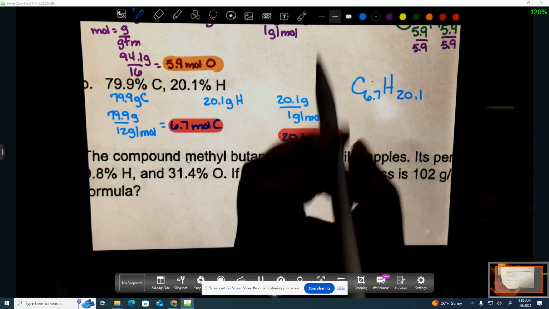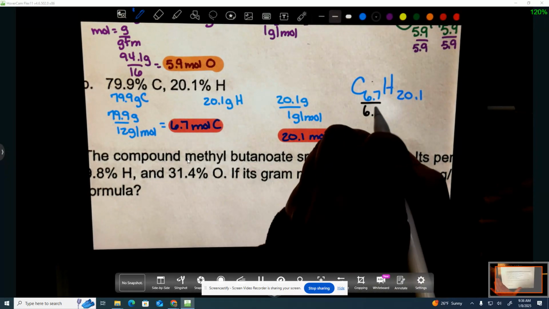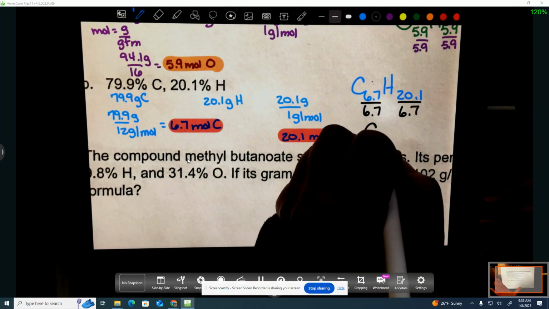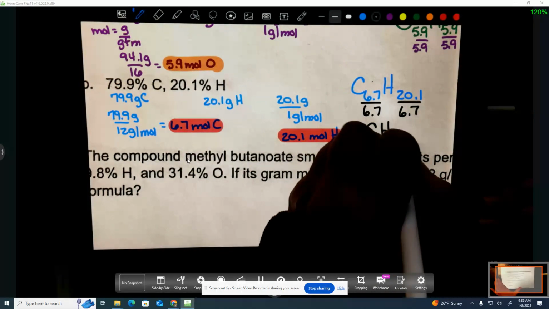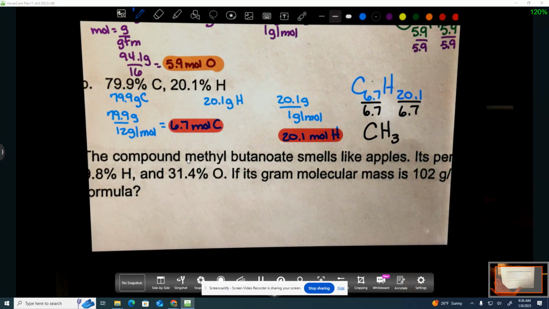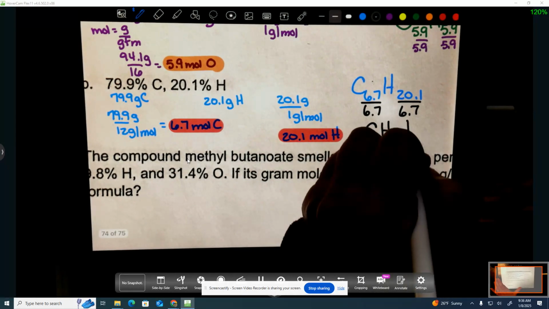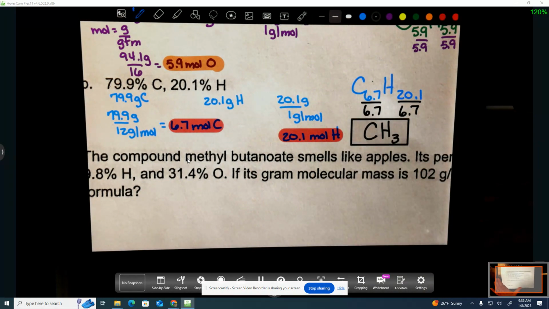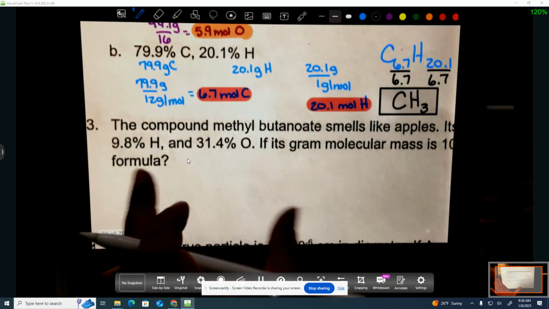We're going to divide through by the smallest number, 6.7, and you're going to get C1H3. That's my empirical formula. Capiche?